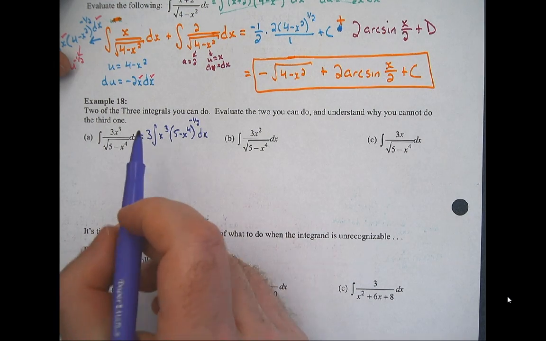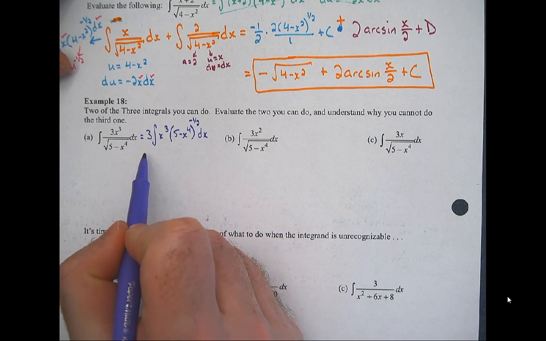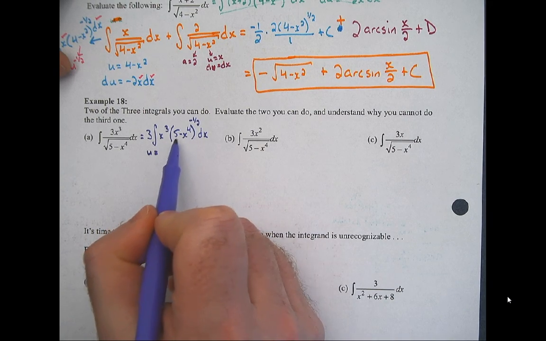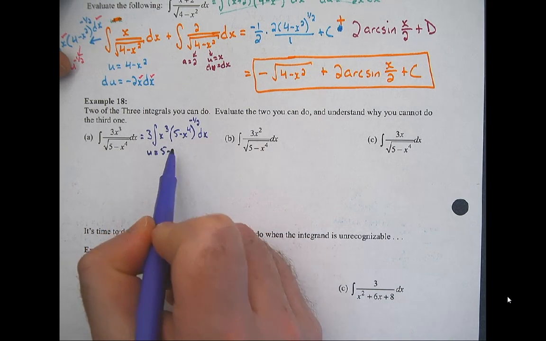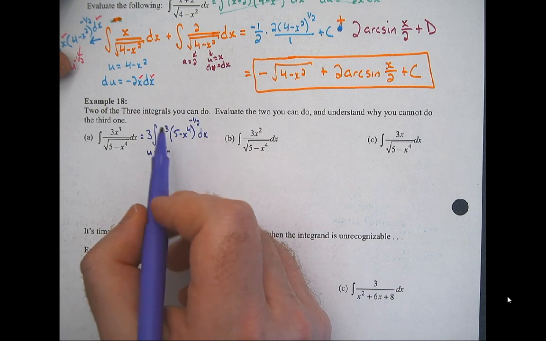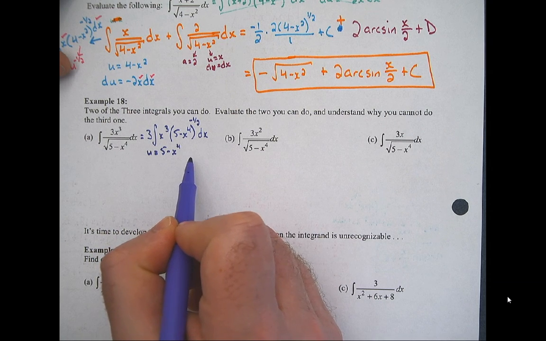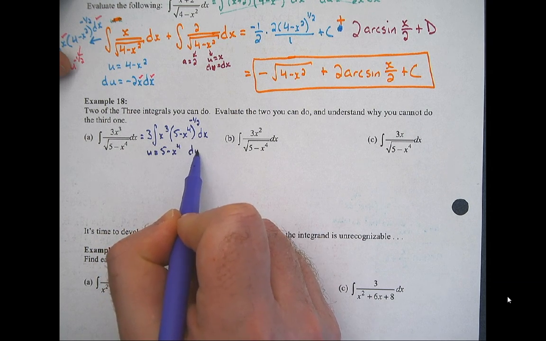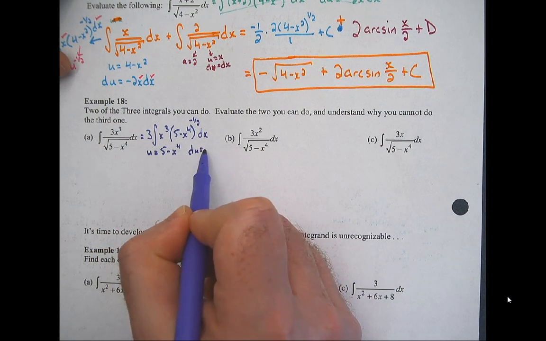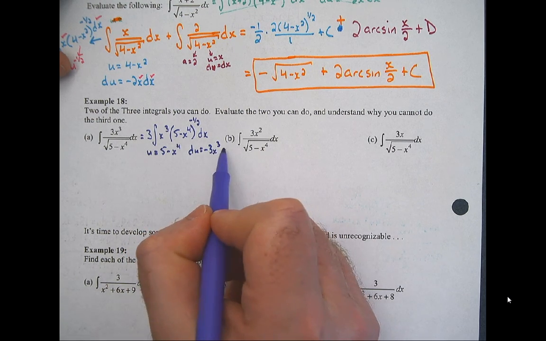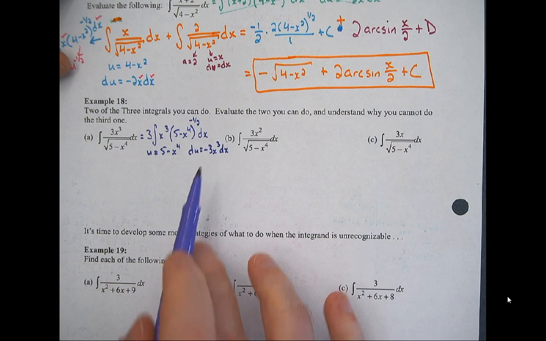So let's try our UDUs here. So my u would be the inside, 5 minus x to the 4th. My du then would be negative 3x cubed dx. Oh, I like that.